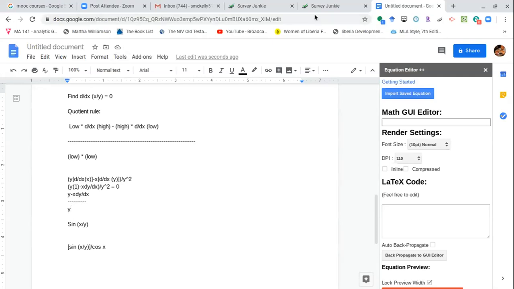I think it gets a little bit harder when it's a function inside of a function, like what we just did. That's what the chain rule is for. Functions inside functions. You take the derivative of the outside first, leave the inside alone, and then you multiply it by the derivative of the inside.